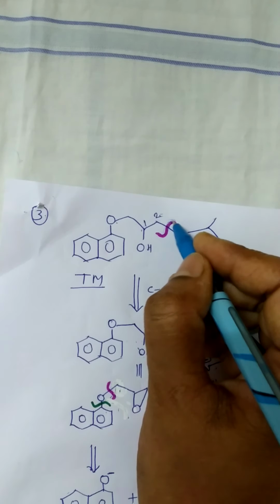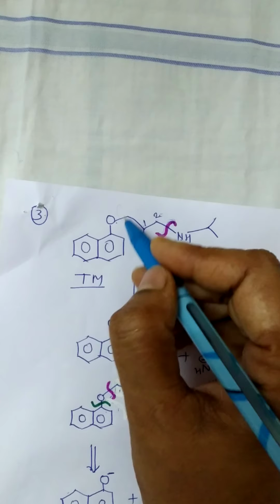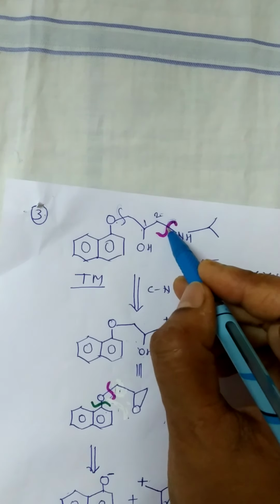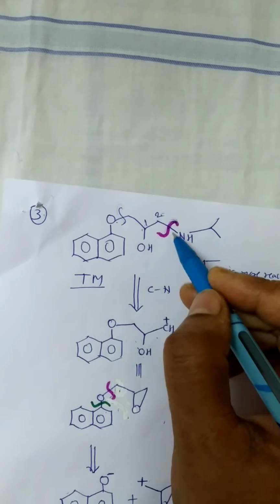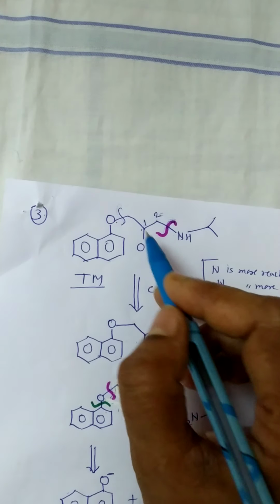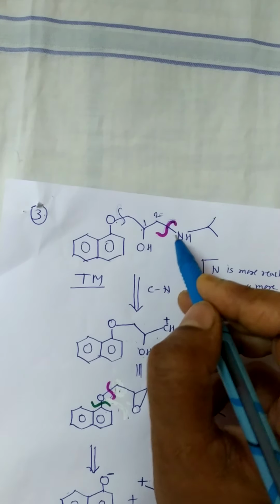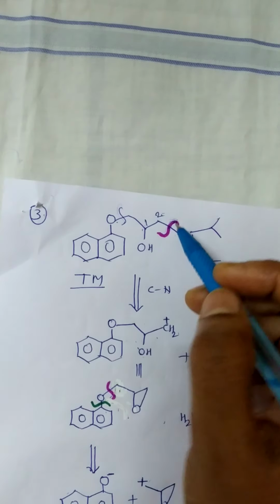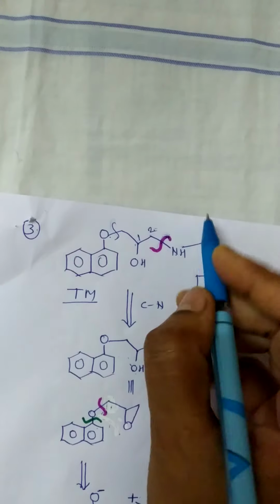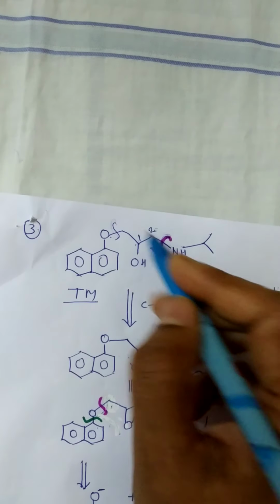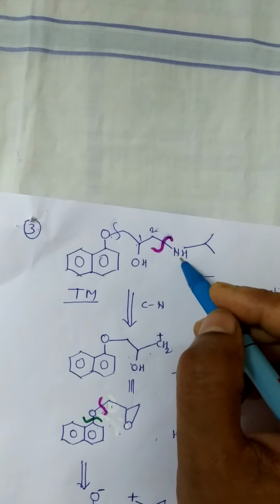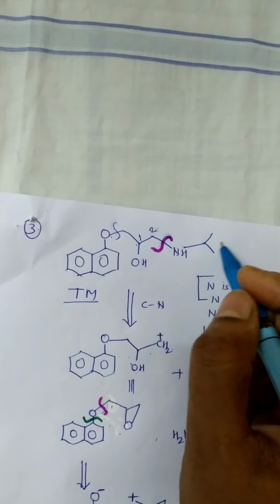One choice is this one and the second choice may be this one, but we take this choice because nitrogen is more basic than oxygen, and nitrogen is more reactive and more electronegative than oxygen. And also, if we disconnect this portion from the molecule, the problem of chemoselectivity can be removed.